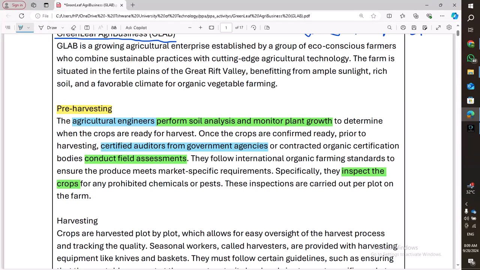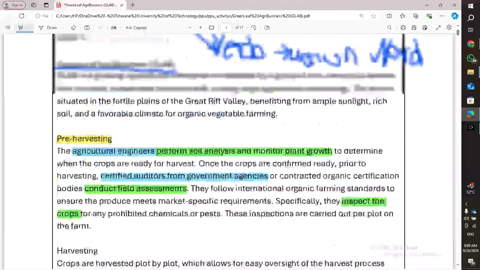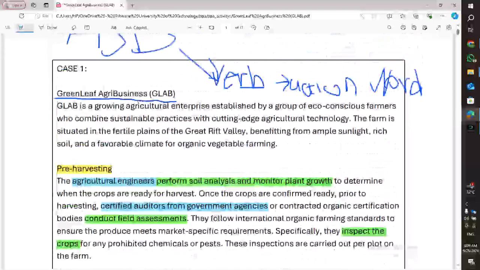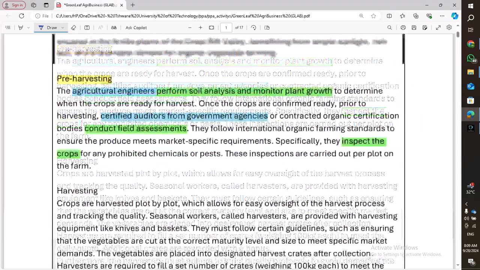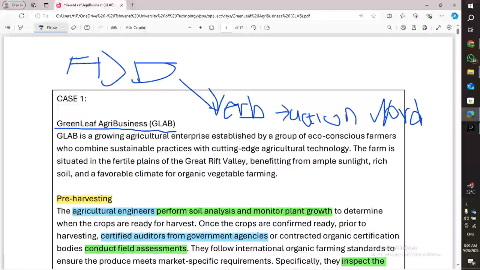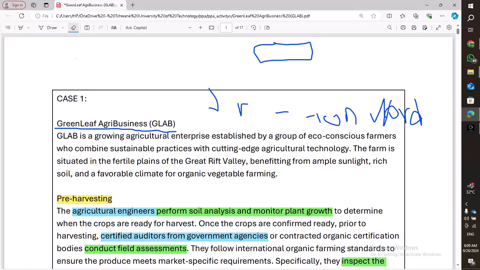So I will write the FDD diagram. First, we'll draw an FDD diagram here on the top. I will show you. The first thing you have to consider is the function.